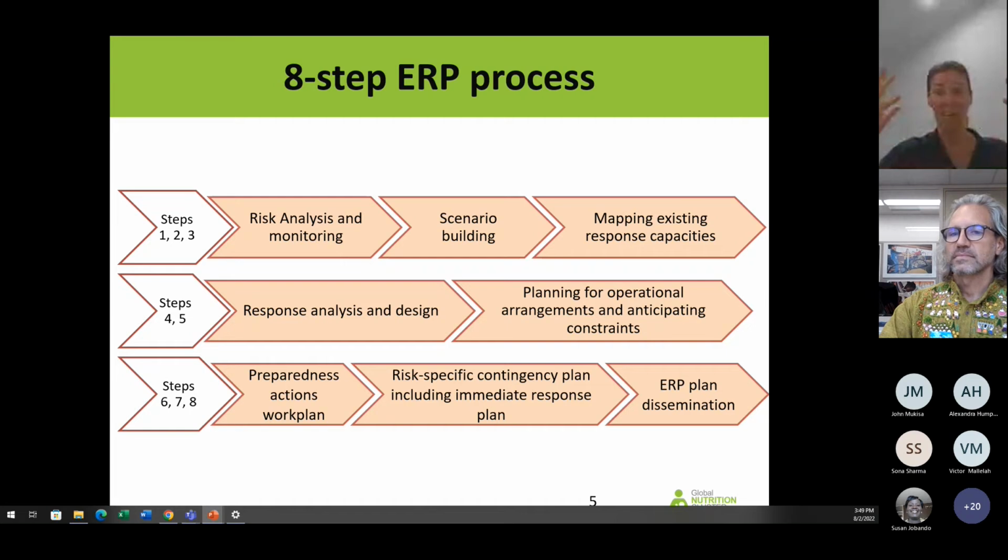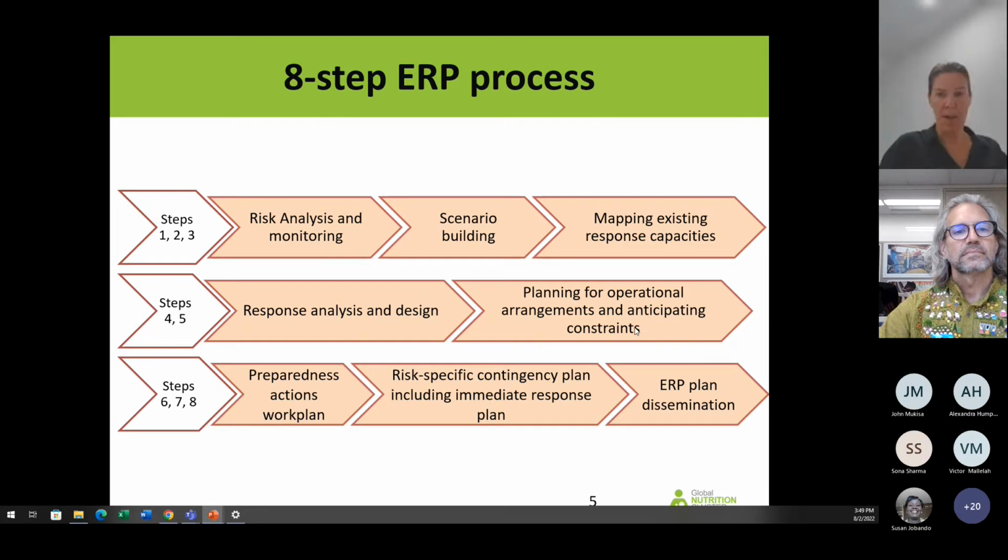So you need to design and predict your crisis scenario for that given hazard and risk. And then the third step is really about mapping existing response capacities. The fourth step is about doing response analysis and response design for the immediate response during the first weeks of crisis onset.